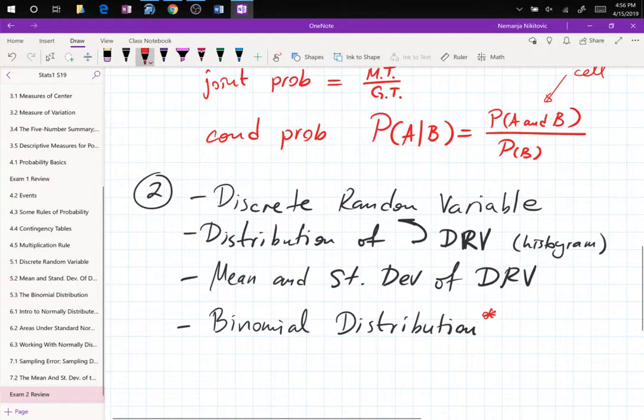So that's number 2. And the third part is the normal distribution.